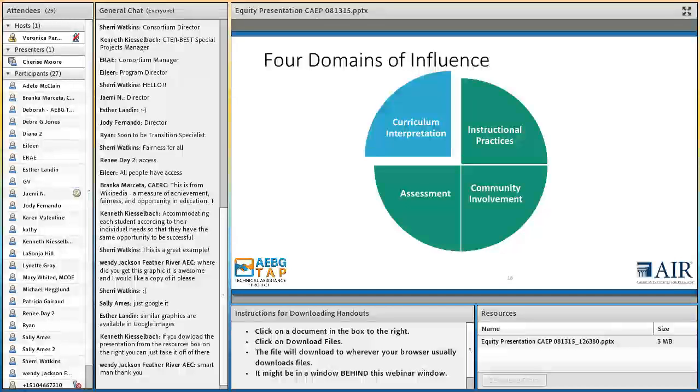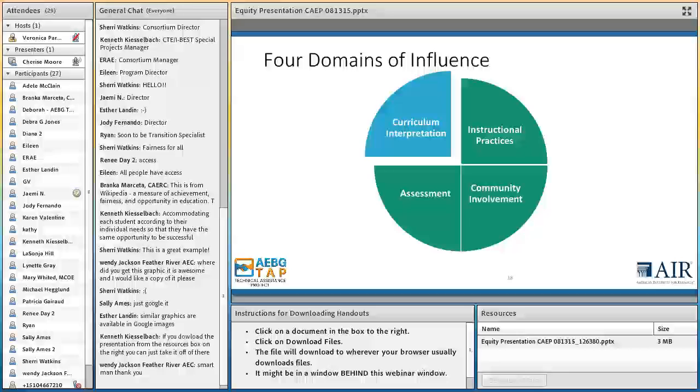Okay, so I'm pulling from some literature that you'll get in the resources, but in this literature, it identifies 4 domain areas that you can look at when you are trying to enhance equity. And those areas are curriculum interpretation, instructional practices, community involvement, and assessment.